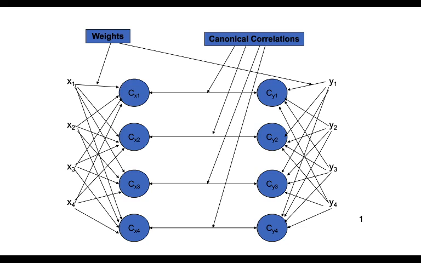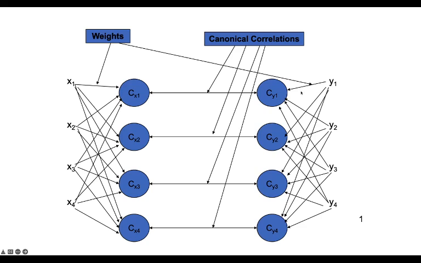So here there are 4 variables, so you're going to have 4 max variates. If there were 3 here, there could only be 3 on this side too, because each variate only compares to one other.